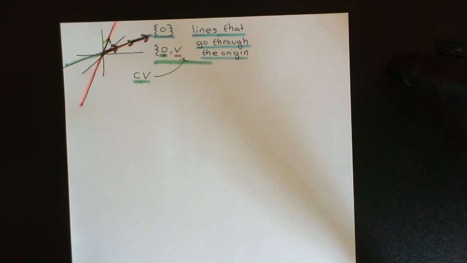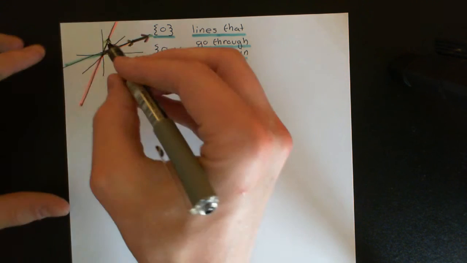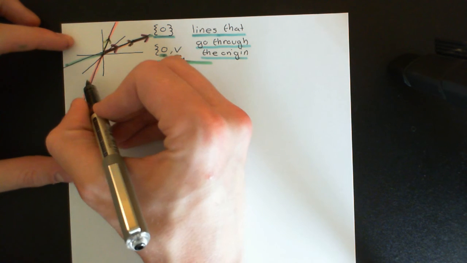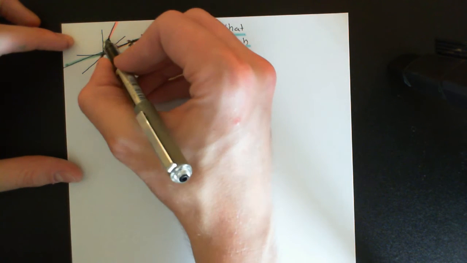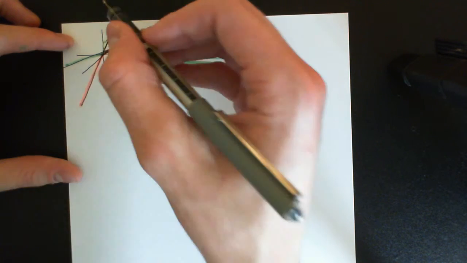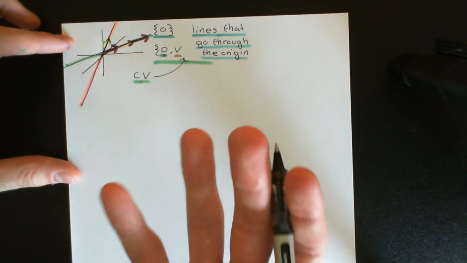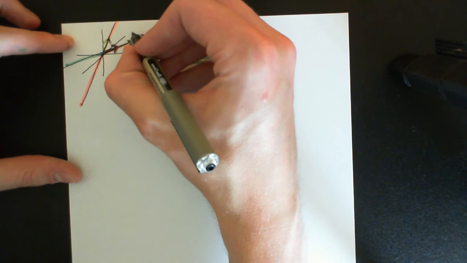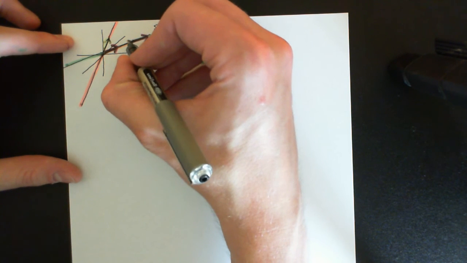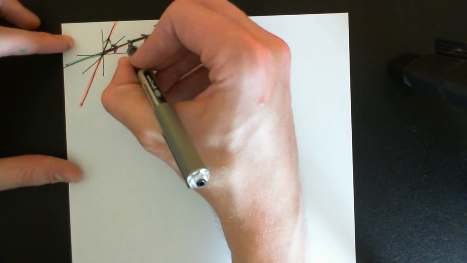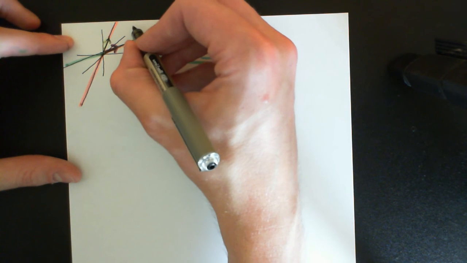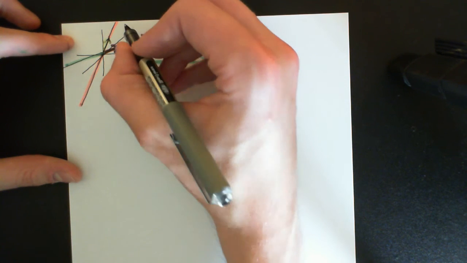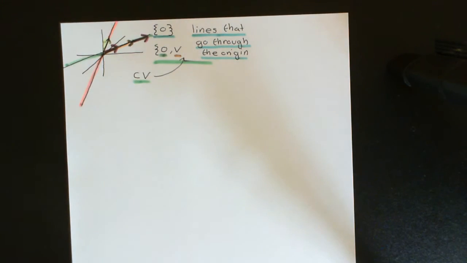So let me just draw what I need to do here. For instance, if we use this orange vector here, and I want to add some vector on the red line, indeed I could add any of the vectors on the red line, and they all now need to be in my subset. What does it mean to add any vector on the red line? Well, it means put it at the end of this orange vector here, and then the overall point that you get to once you've gone down the orange vector and then the second vector, that's the new point whose position vector you want to be in your subset.